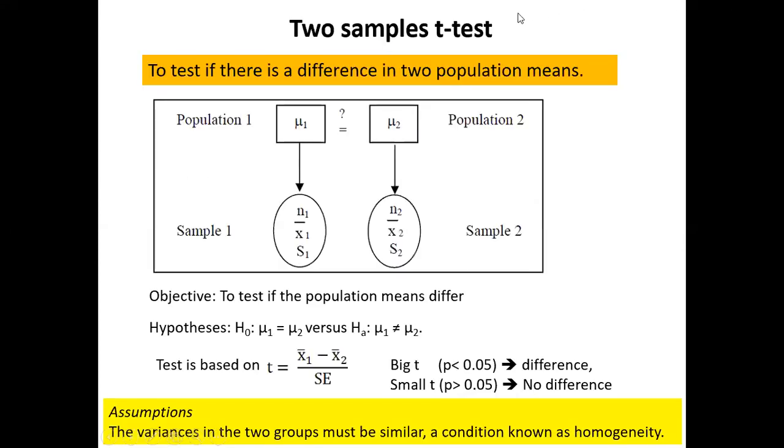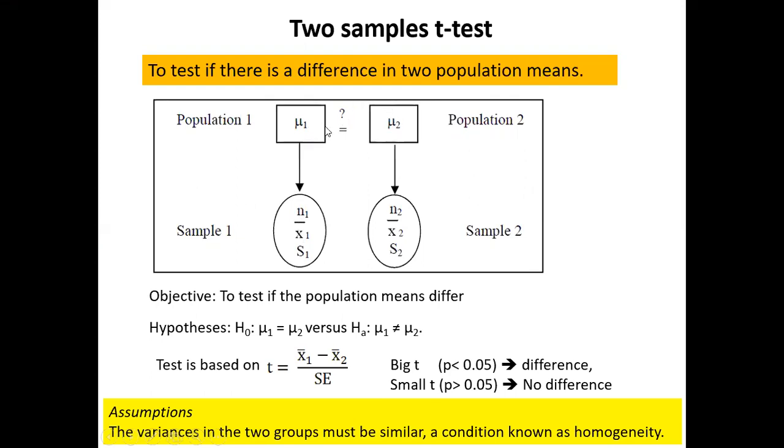Now we're talking about two independent samples. Look at the diagram. Earlier, one population, one sample. Now you have two populations, population 1 and population 2. Independent because a person inside one population cannot be inside the other.